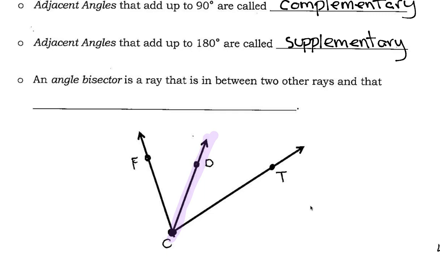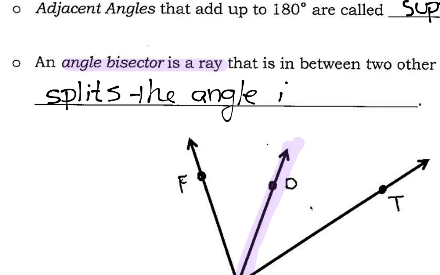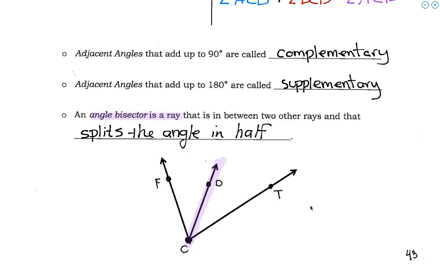So an angle bisector is a ray, and that's what we just identified, that is in between two other rays, and that splits the angle in half. And when we say it splits it in half, we mean two congruent angles.